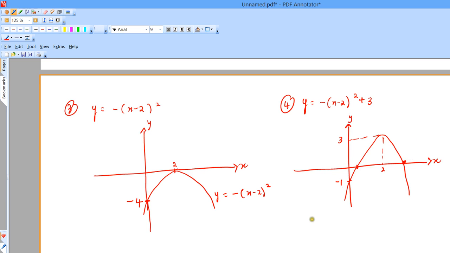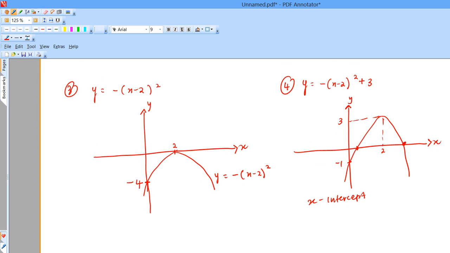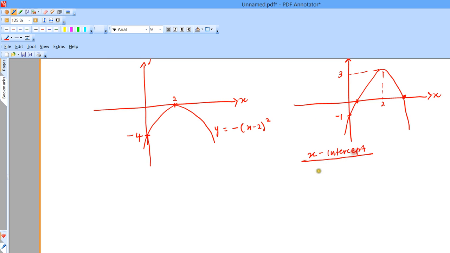So for the x-intercept, just set y equal to 0. So we get 0 equal to negative (x minus 2) square plus 3, and then rearrange, get (x minus 2) square equal to 3, x minus 2 equal to plus minus square root 3, or x equal to plus minus square root 3 plus 2.